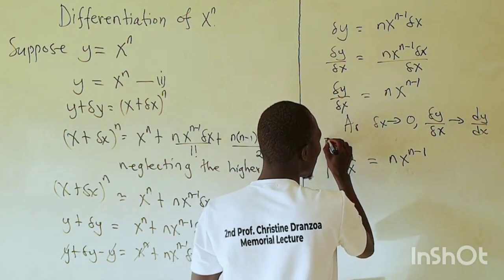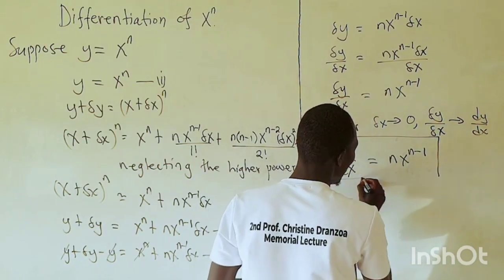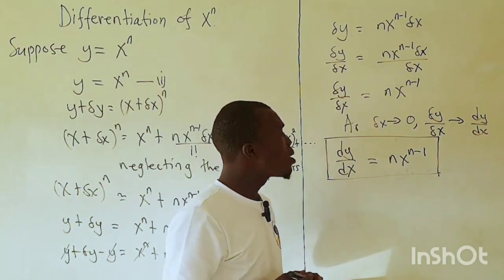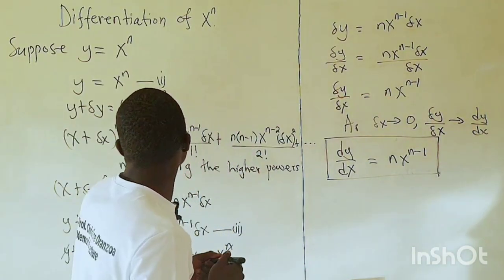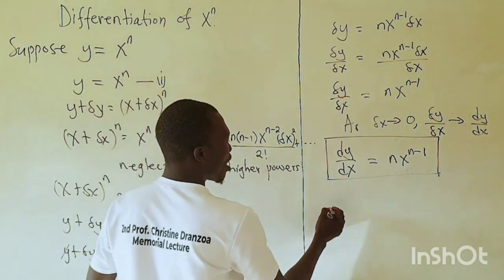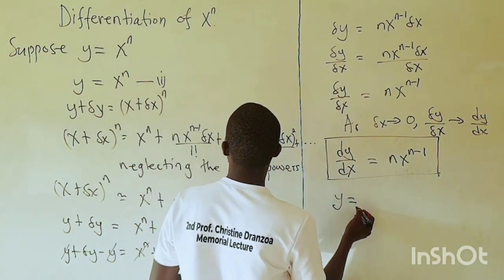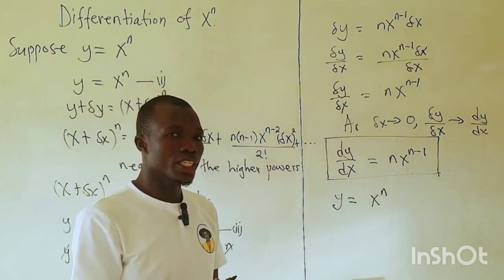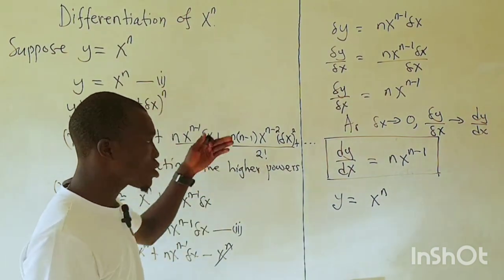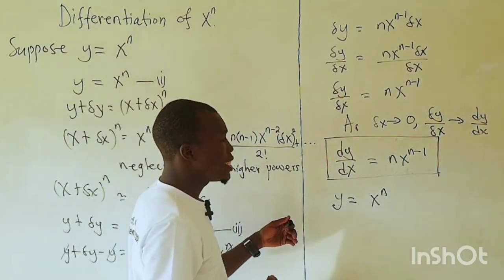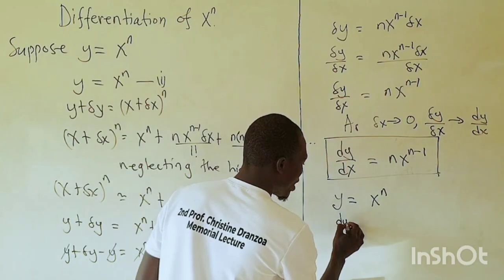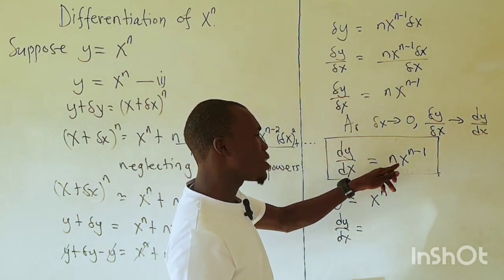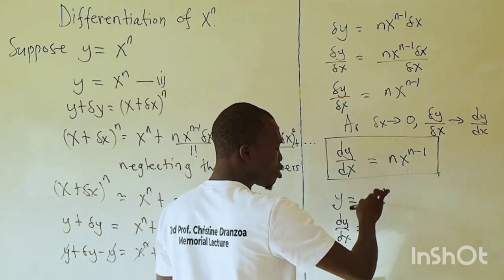Now this is what we call the general rule for differentiation. What does it mean? It means if our function was y is equal to x^n, and you want to differentiate without using the process of first principle, then dy/dx is equal to what we are observing: the power n drops down.